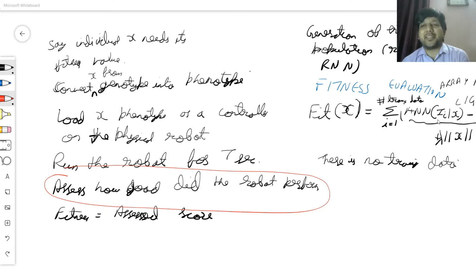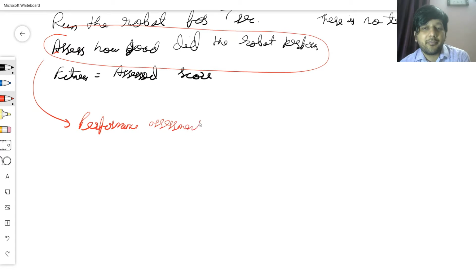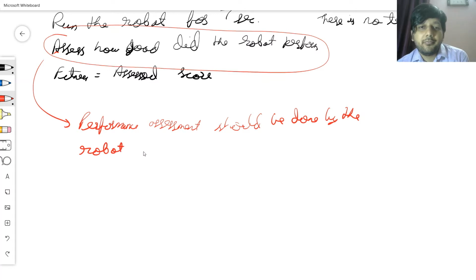So now I've got a great challenge, and my great challenge is that performance assessment should be done by the robot itself, which is not difficult.